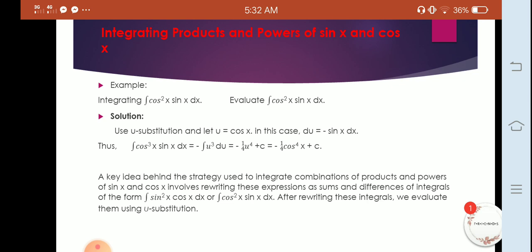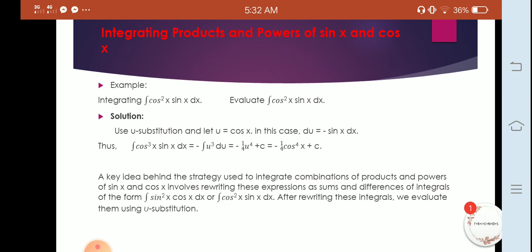A key idea behind the strategy used to integrate combinations of products and powers of sine x and cosine x involves rewriting the expression as sums and differences of integrals of the form integral sine squared x cosine x dx or integral cosine squared x sine x dx.